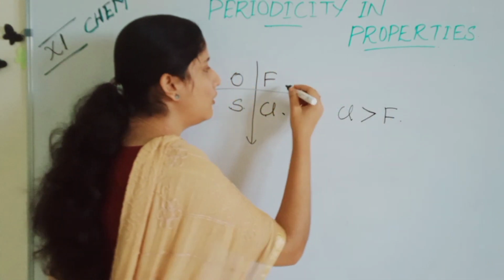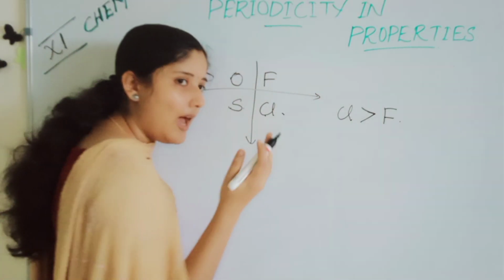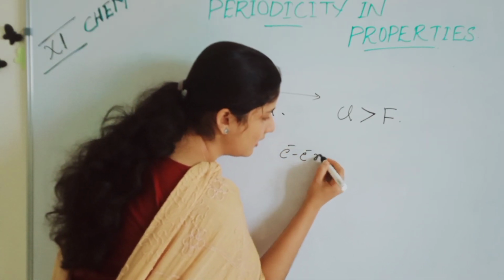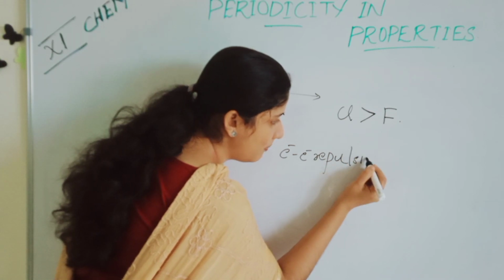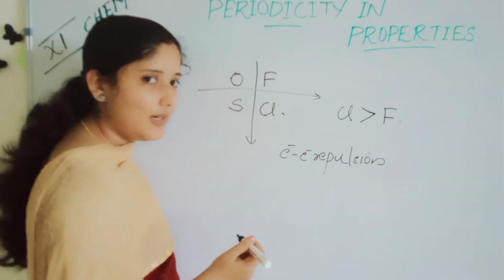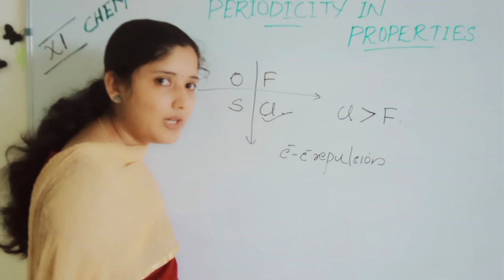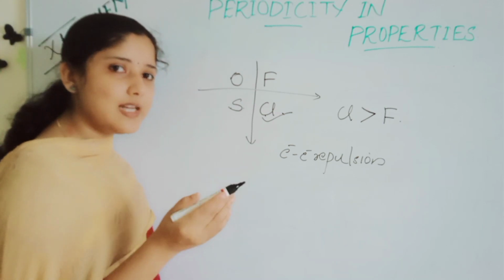Because look, fluorine is a smaller atom. So if we add an electron, there will be electron repulsion. This is an exception. Electron repulsion will be more. But chlorine is comparatively bigger, bigger in size compared to fluorine. So we can easily add an electron.